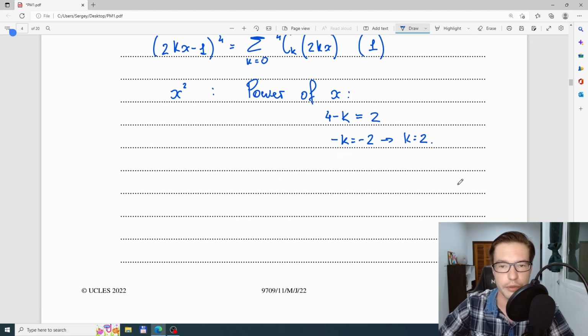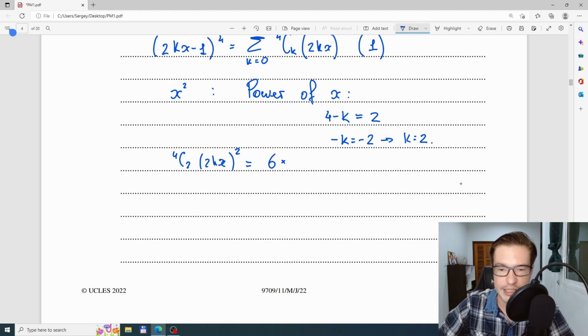Substitute it back, and we'll get 4 choose 2, (2kx) squared, and then 1 to the power of whatever it is always 1, so we don't really care about that.